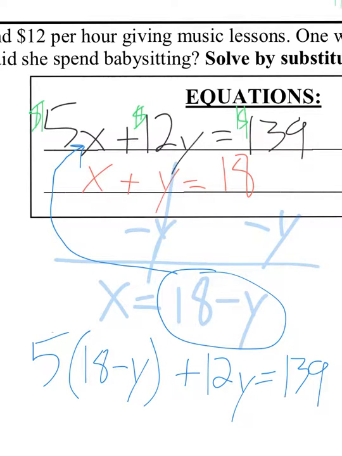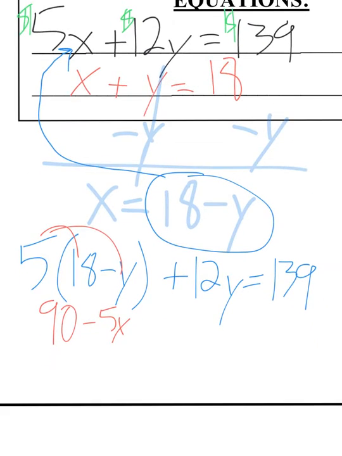So now I can distribute the 5. So 5 times 18 is 90, and 5 times negative y is negative 5y. And I will just bring down everything else. That y looks kind of like an x. There we go. So plus 12y equals 139. So now I can combine like terms.